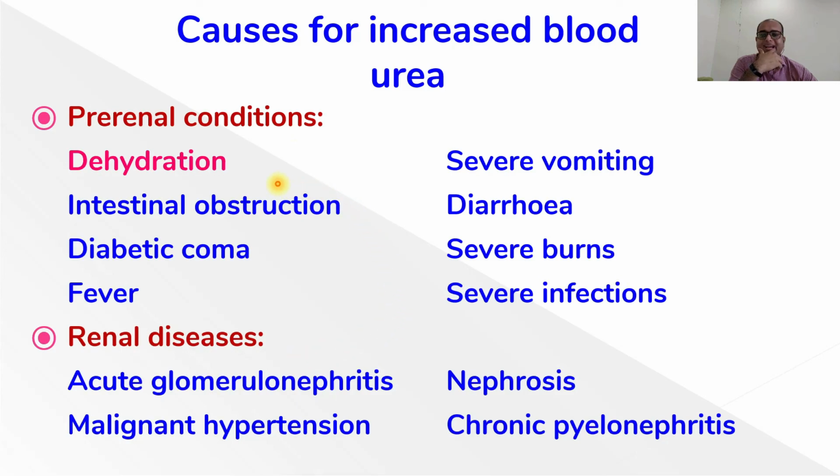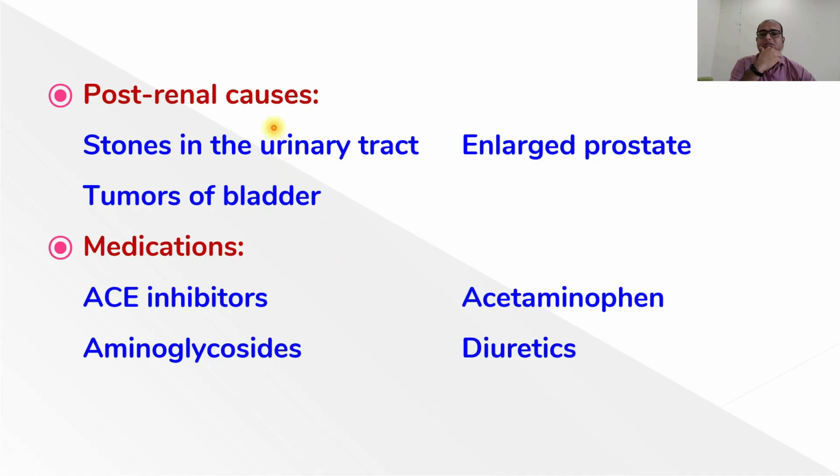Pre-renal conditions include dehydration, intestinal obstruction, diabetic coma, fever, severe vomiting, diarrhea, severe burns, and severe infections. Renal disease, meaning inside the kidney, includes glomerulonephritis, malignant hypertension, nephrosis or chronic pyelonephritis. Post-renal causes include stones, enlarged prostate and bladder tumors.